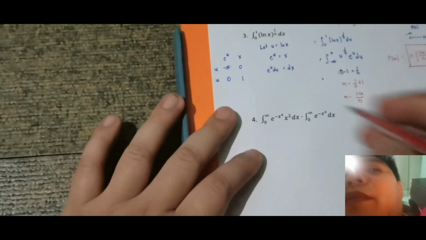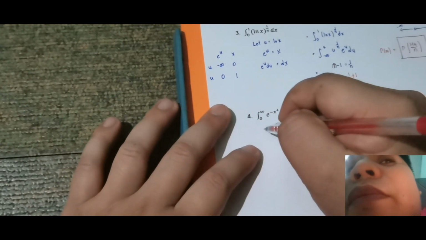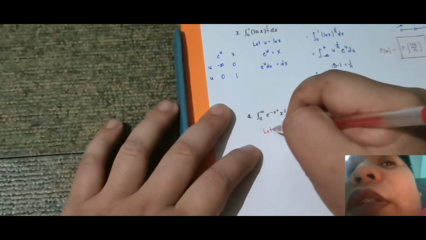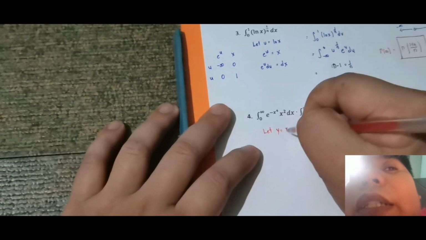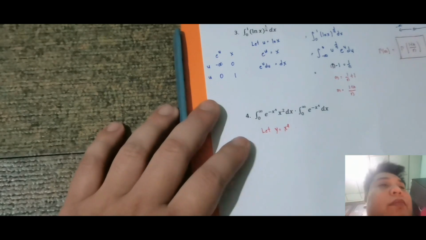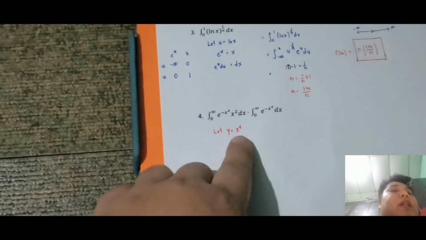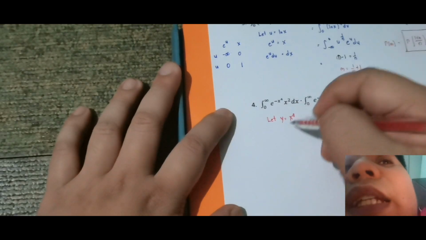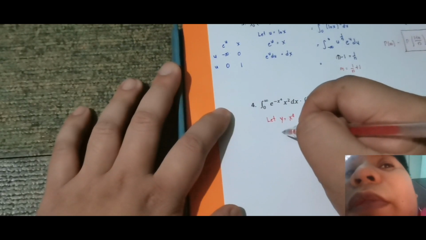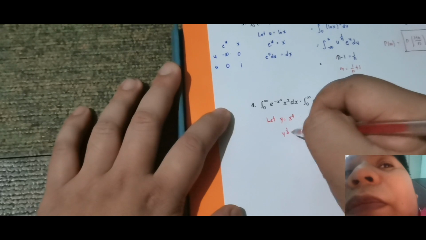So let's say y, no? Let's say y is equal to x raised to the 4. Okay? Kung y is equal to x raised to the 4, ano yung x squared? Kasi x squared papalitan natin eh. That is y raised to 1 half.